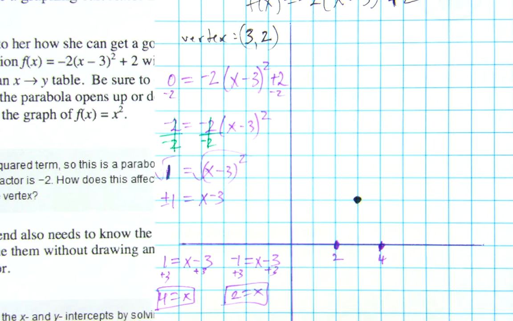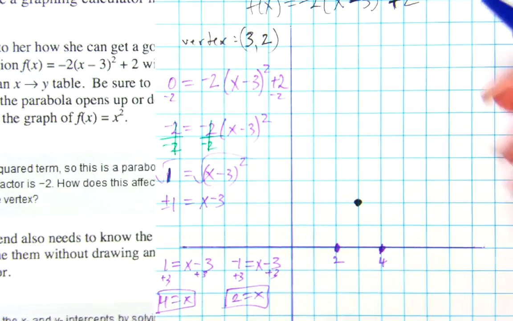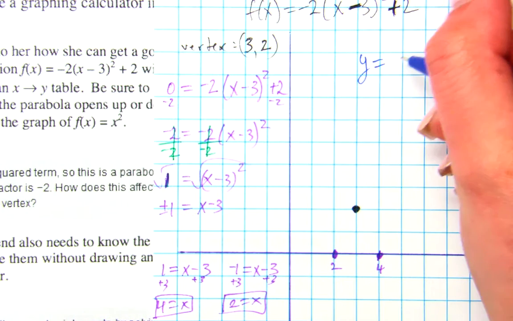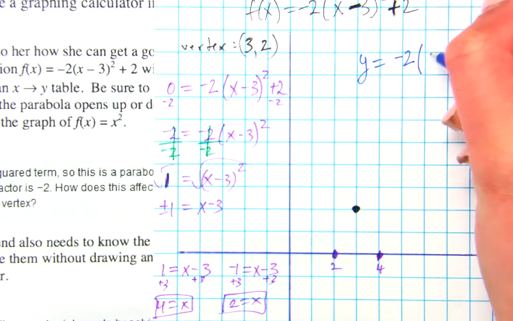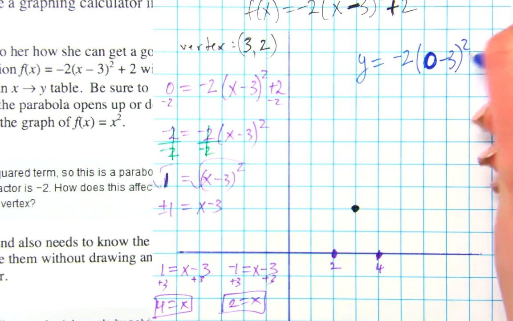The only last question is, where's the y-intercept? Well, for the y-intercept, you plug in x equals 0. So I'm going to take it straight out as y equals -2 times 0 minus 3 squared plus 2.